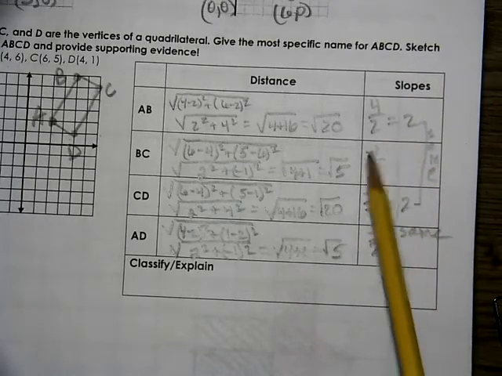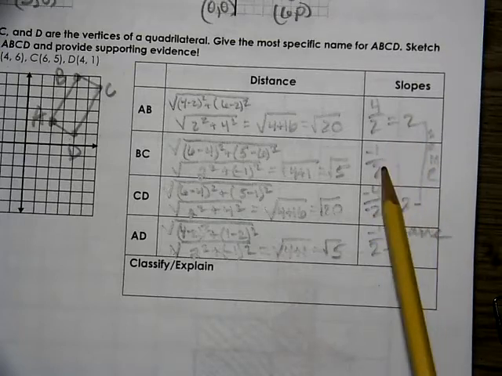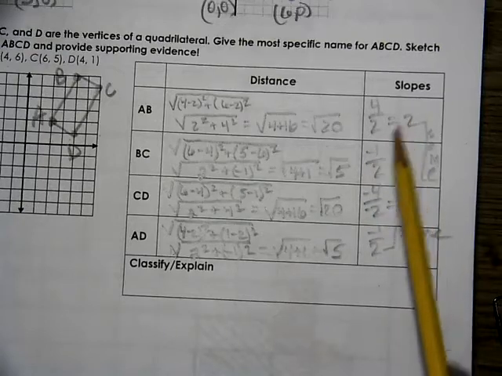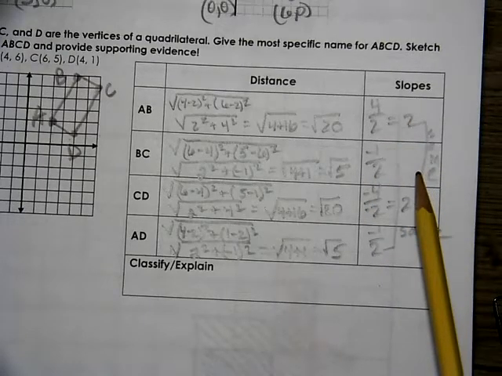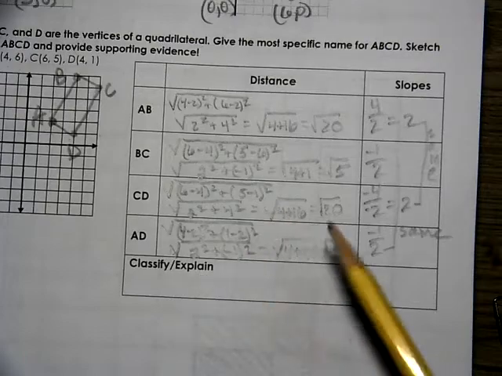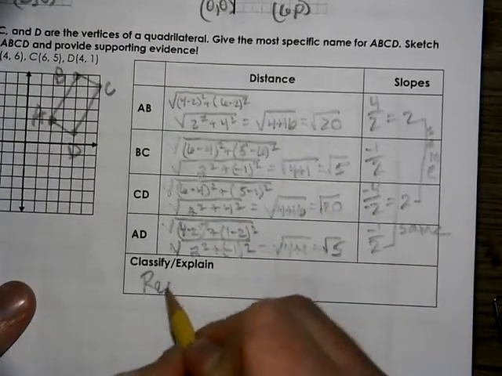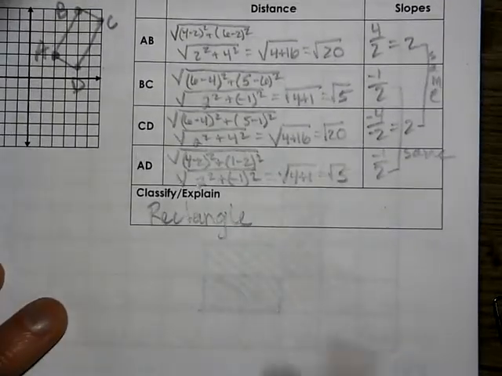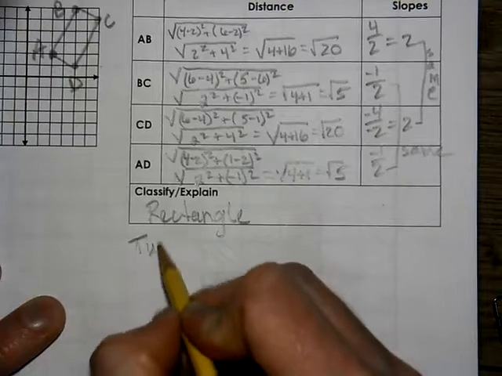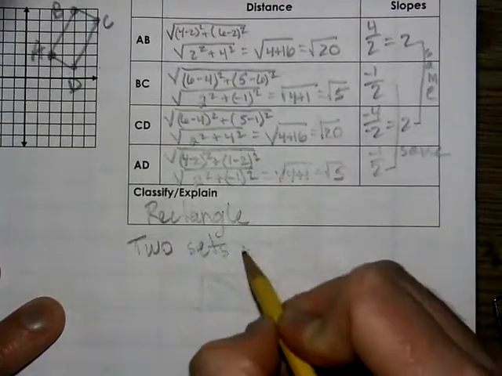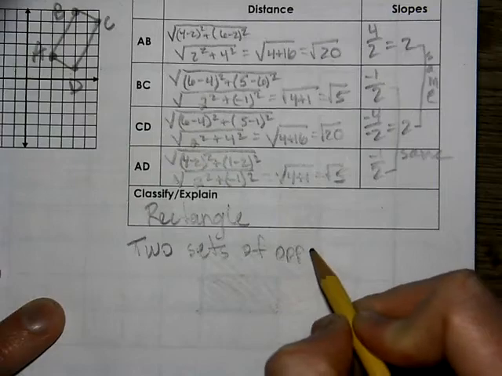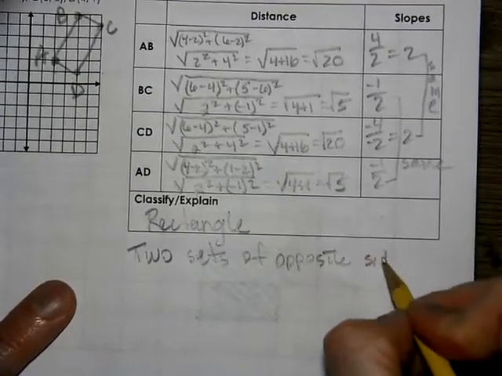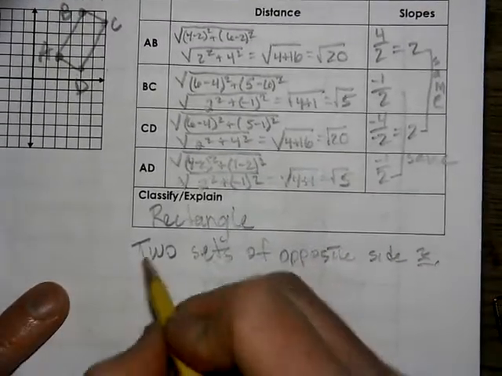They are opposites of each other and they're reciprocals of each other. This would be 2 over 1. This is 1 over 2. And they're opposites. So we know that this shape is a rectangle because it has two sets of opposite sides congruent.